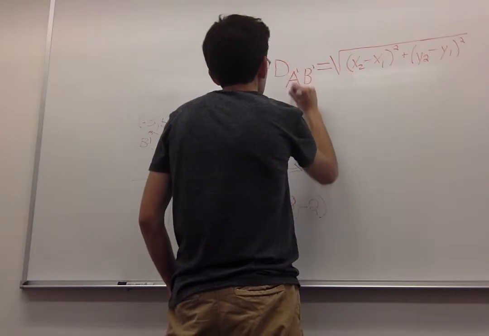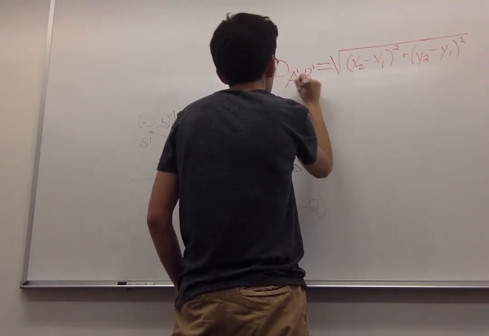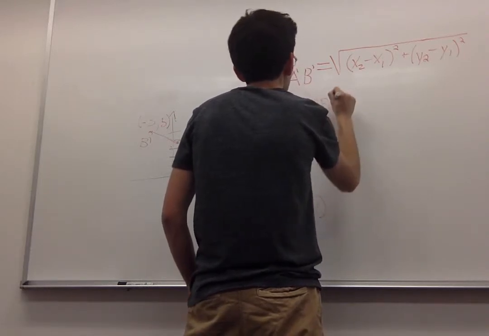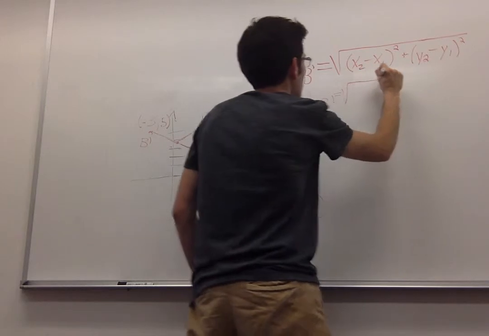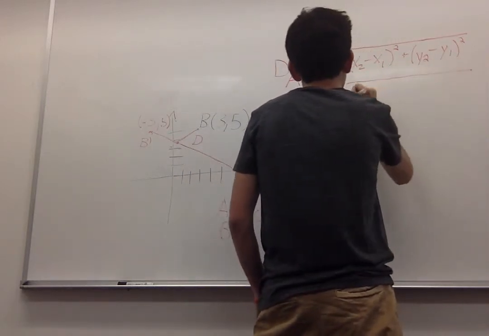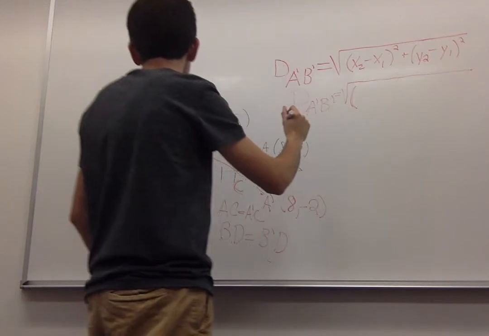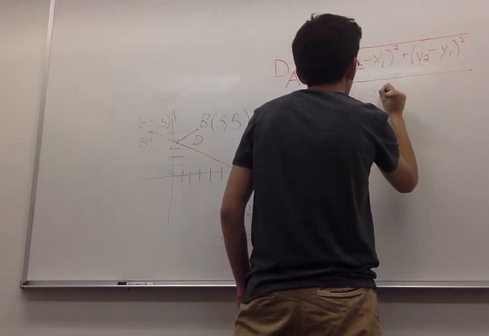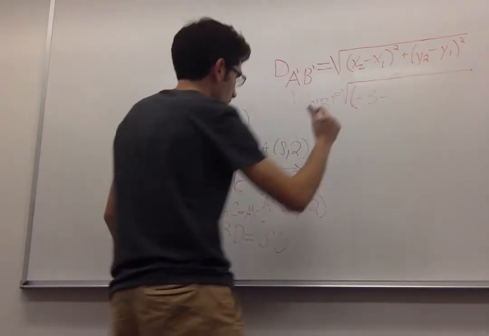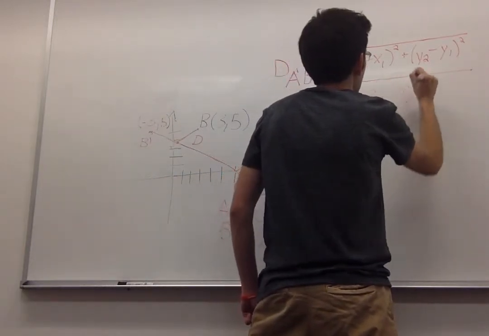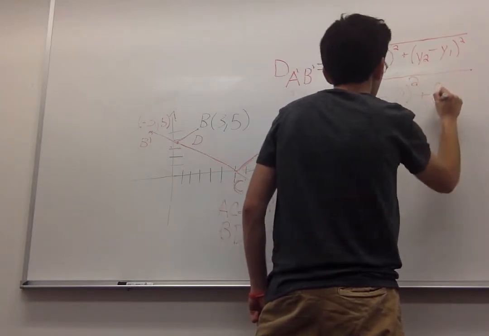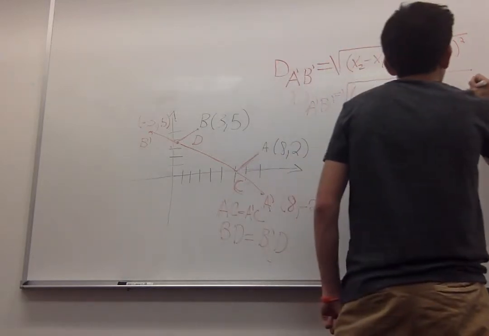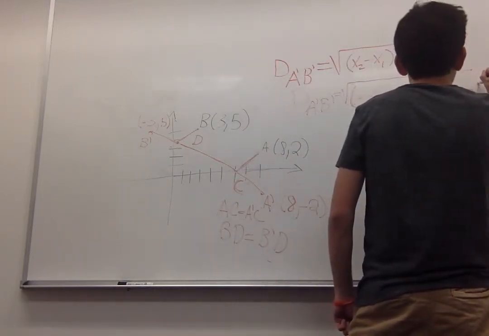So the distance of A prime B prime is going to be the square root of (-3 minus 8) squared plus (5 minus -2).